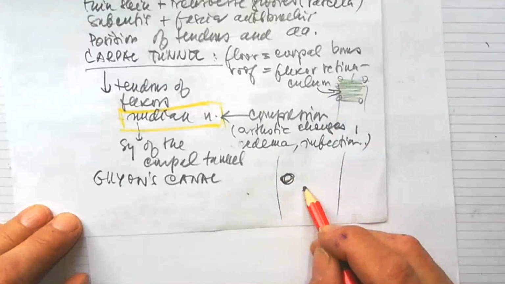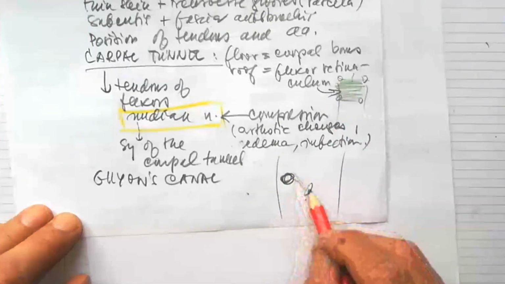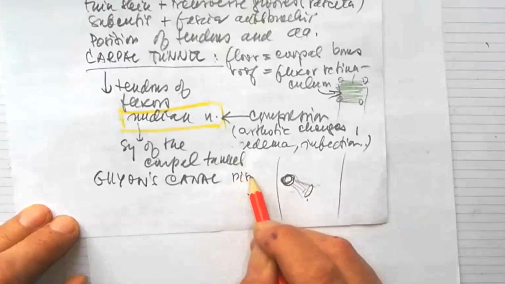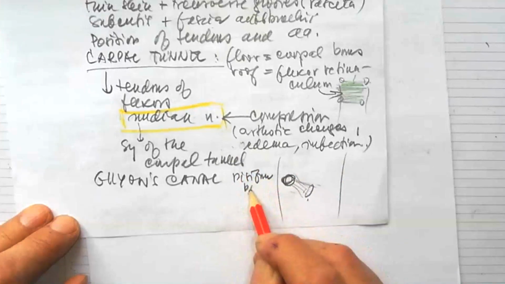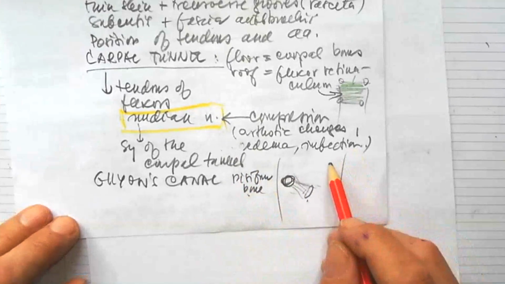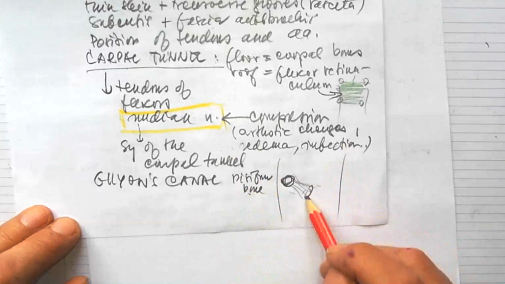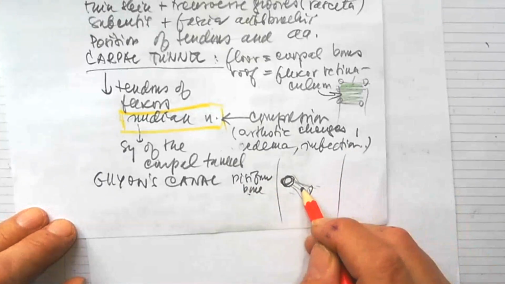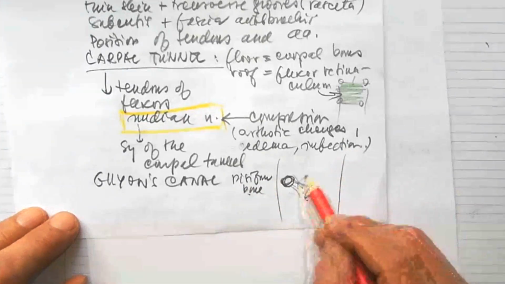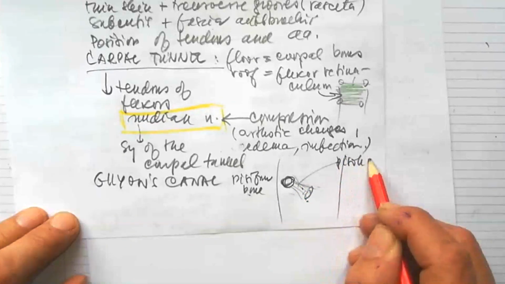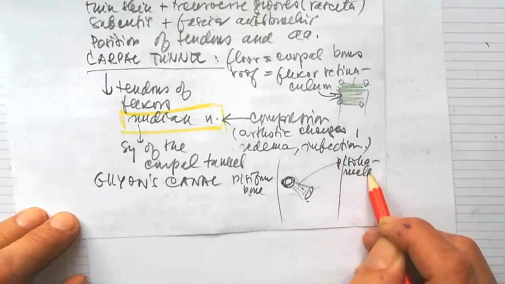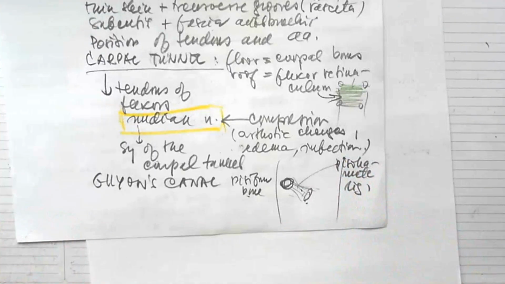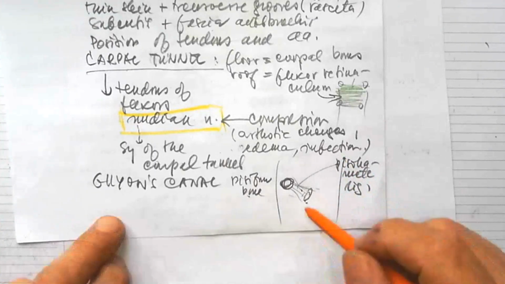Here is the hamulus of the hamate, and the pisohamate ligament, etc. So the pisiform bone, and there is the lamina, or we could even see the pisohamate ligament. And then the muscles definitely.